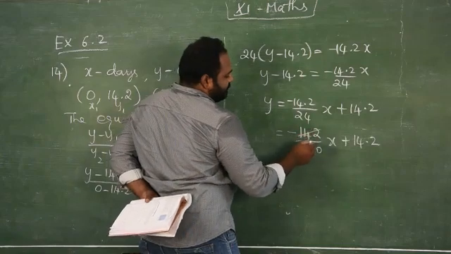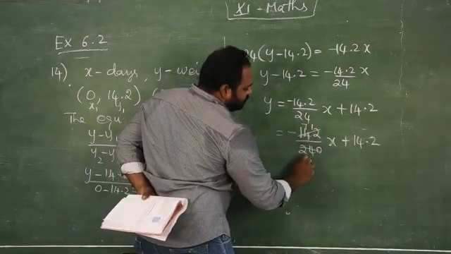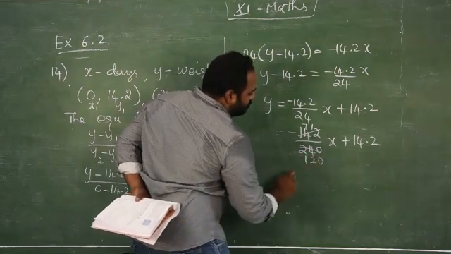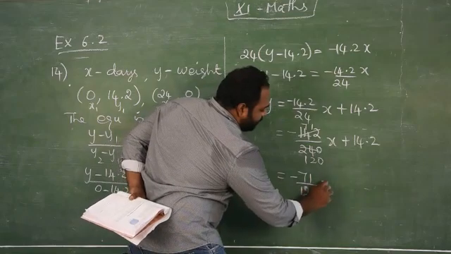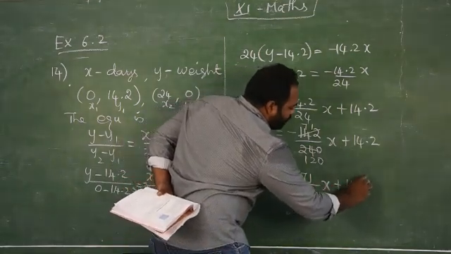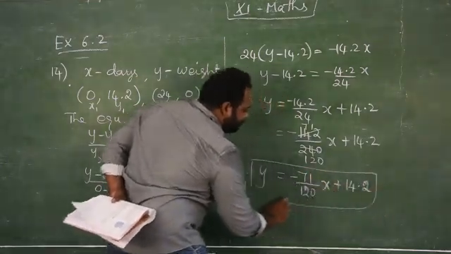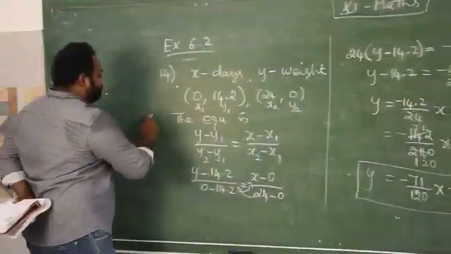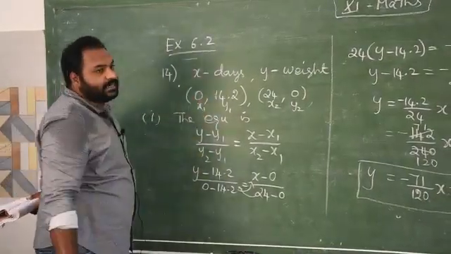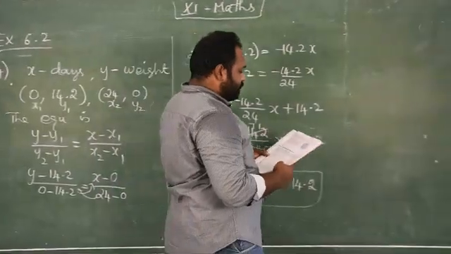So cancellation: 2 ones are 2, 2 sevens are 14, 1 time, this is 1, 2, 0. So y equals minus 71 by 120 x plus 14.2. This is the answer to the first question, the required relationship between days and weight. Okay, next, the second question.